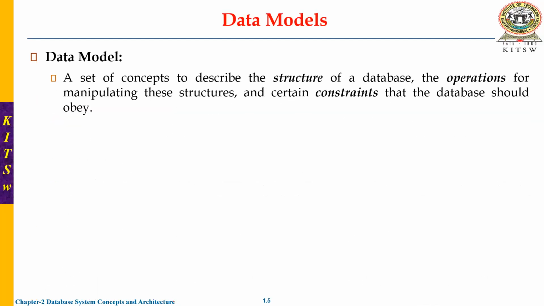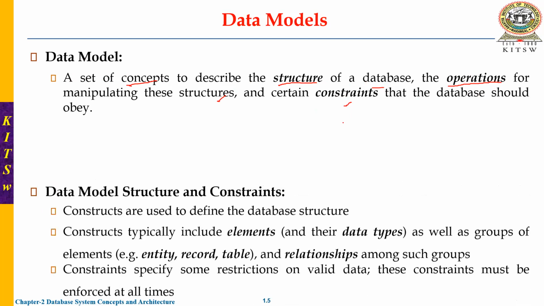Data models. A data model is a set of concepts to describe the structure of a database, the operations for manipulating these structures, and certain constraints that the database should obey.